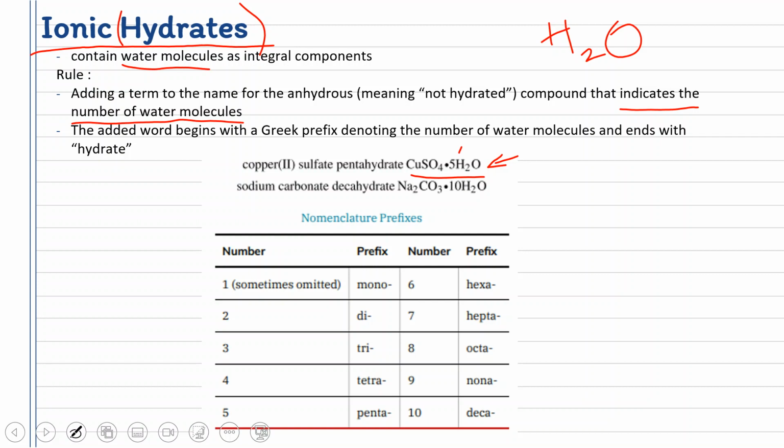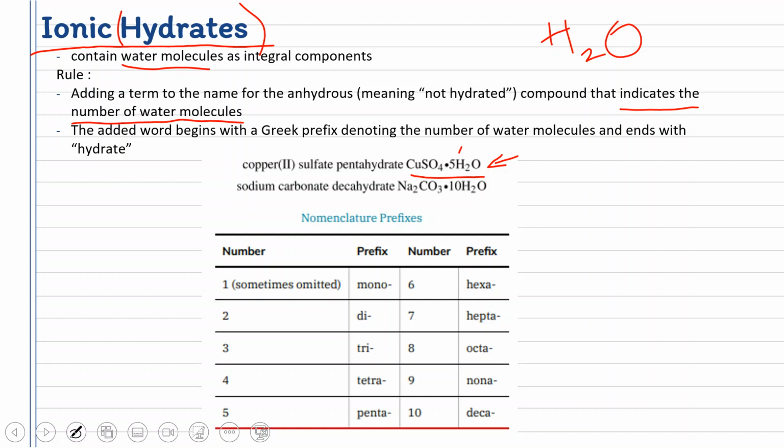So we are just going to follow the same rule we had. For normal ionic compounds, we said that we name the cation first, then we name the anion. That rule is for ionic compounds. But this time, because the ionic compound has a hydrate, we are going to add an extra term to the name. And the extra term will be what? A term that identifies the number of water molecules we have.